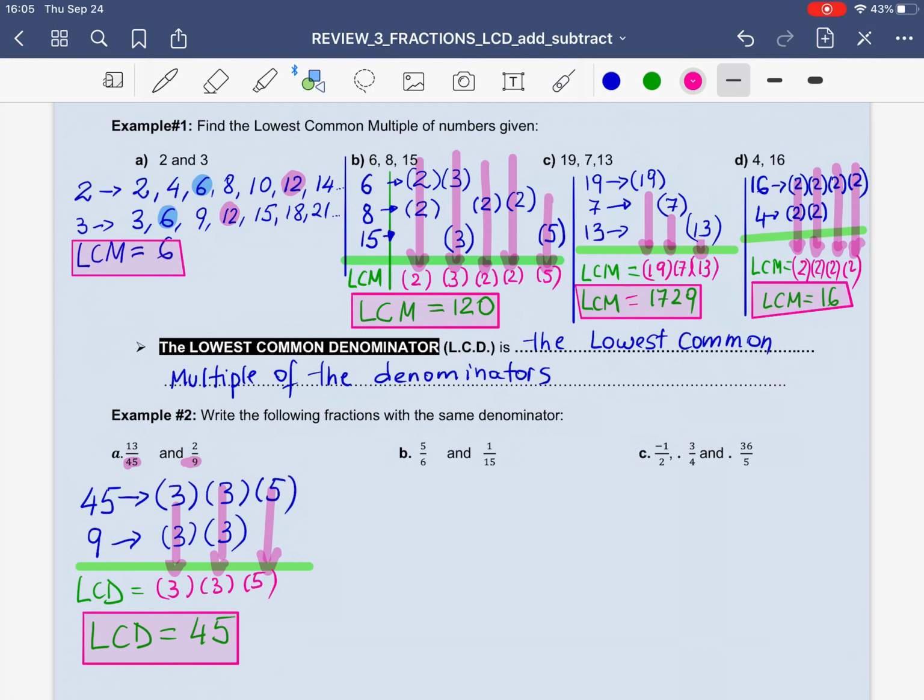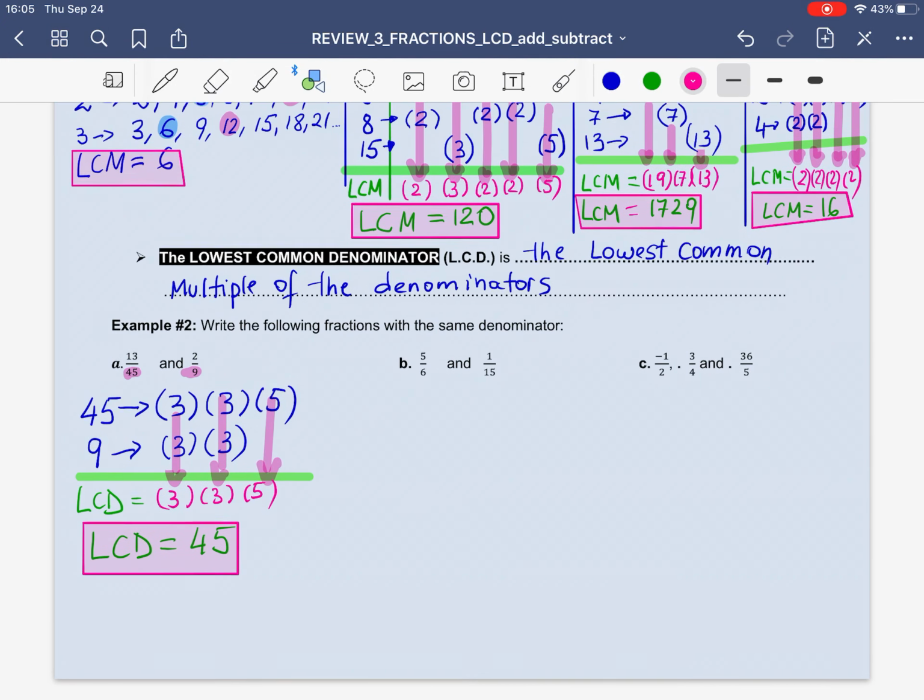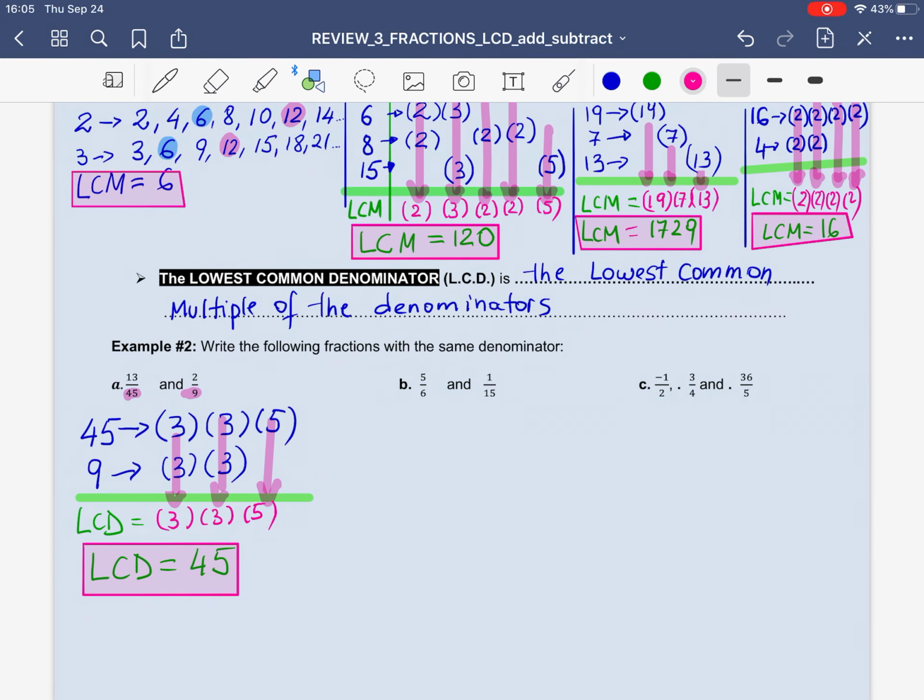Okay. So why do we need to find the lowest common denominator? We need to sometimes find lowest common denominators because it is in our best interest, while we solve problems, to make the denominators the same, oftentimes. So if we have a fraction such as 13 over 45 and 2 over 9, if you want to make denominators the same, you say, well, I can make 9 into a 45 by simply multiplying 9 by 5.